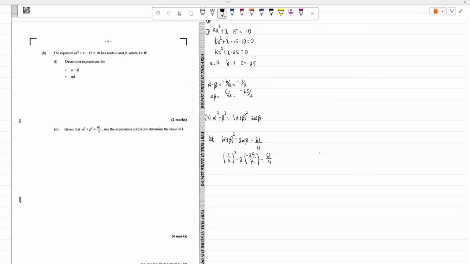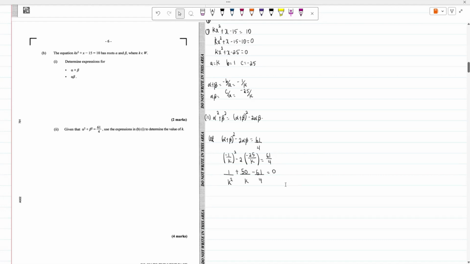I'm going to get 1 over k squared plus 50 over k minus 61 over 4 is equal to 0. Are you cool with that so far? Everybody comfortable with that so far?